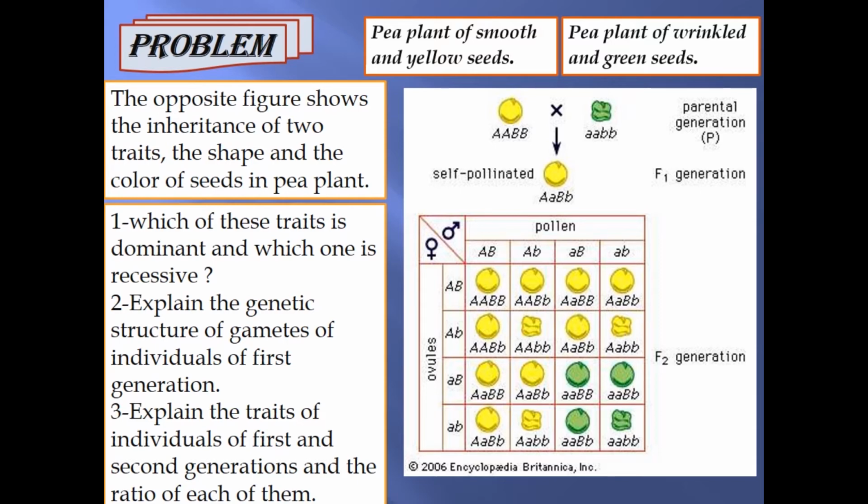Some of them are plants with yellow and smooth seeds, others with yellow seeds but wrinkled, others having green seeds and smooth as well, but others having green seeds that are wrinkled. The ratio of dominant traits that appeared in the second generation to the recessive trait which also appeared in the second generation was 3 dominant traits to 1 recessive trait.